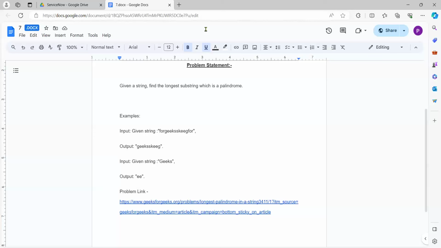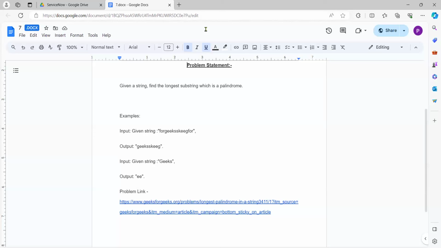So palindrome is a string which is the same from left to right and right to left. Same in the sense you compare both strings. The first string from left to right, you compare with the second one you get if you reverse it, or if you see the string from right to left, they need to be same.